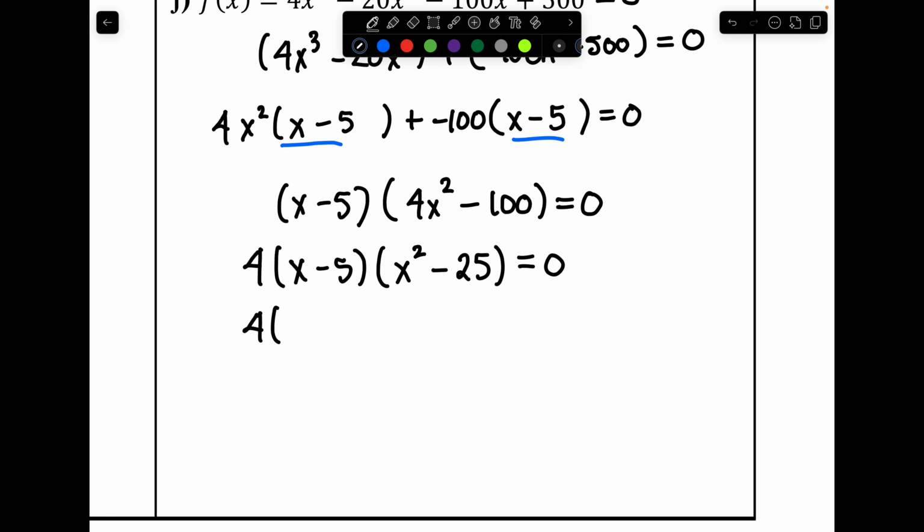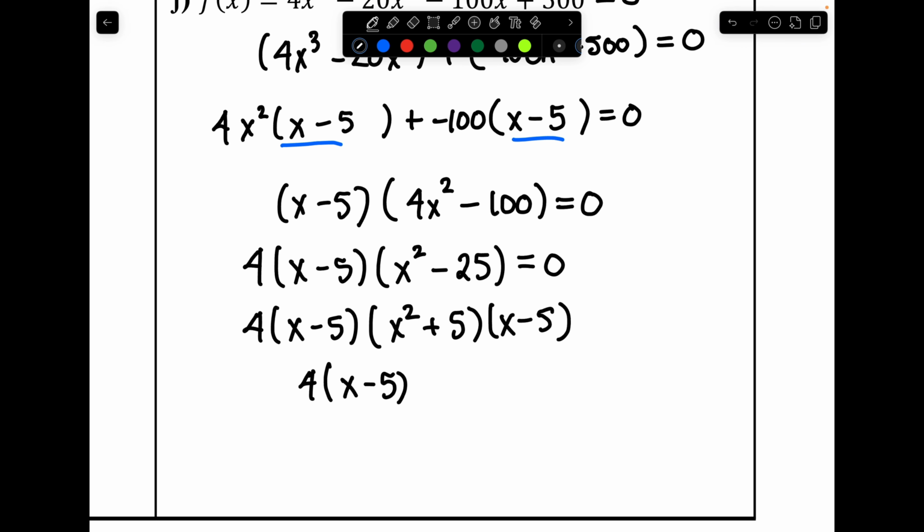So using the difference of squares, we're going to write this as x plus 5 and x minus 5. So the complete factor form for this, which I didn't explain on the other ones, which you'll have to do for the homework, write the factor form of this, will be x minus 5 to the second power.